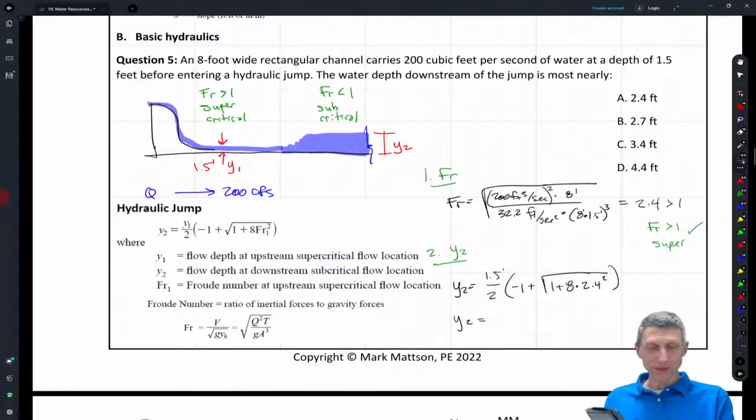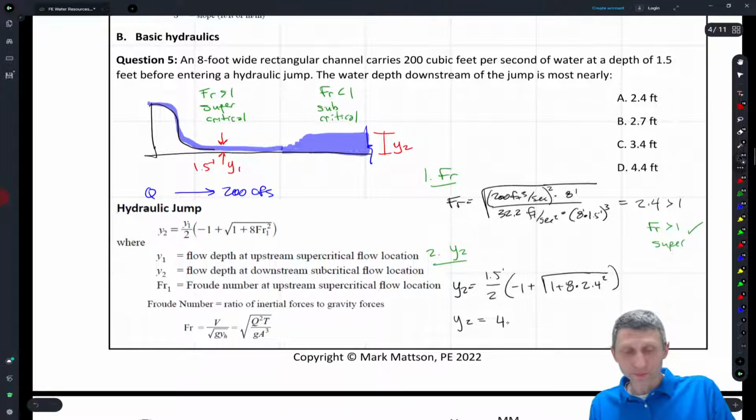So 1.5 divided by 2 times minus 1 plus the square root of 1 plus 8 times this 2.4398, depending on how much you want to get in there. That needs to be squared. Yeah, so I get about 4.4 feet.